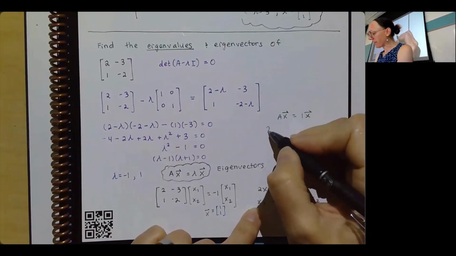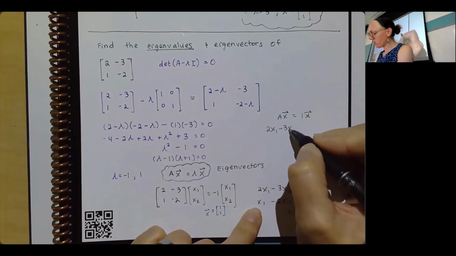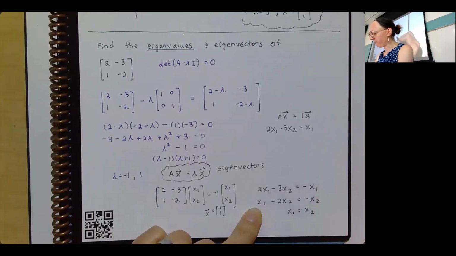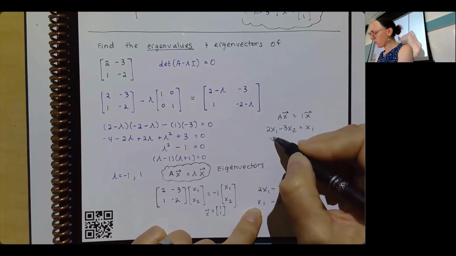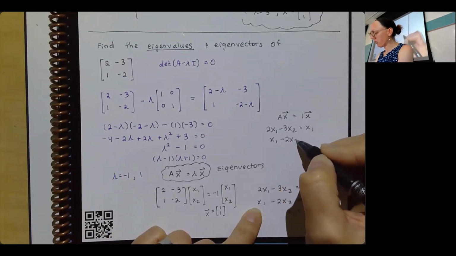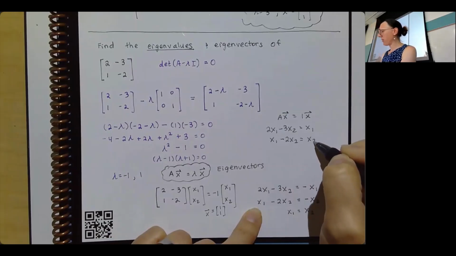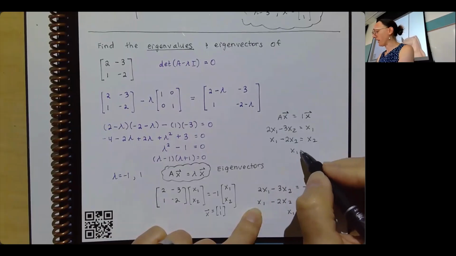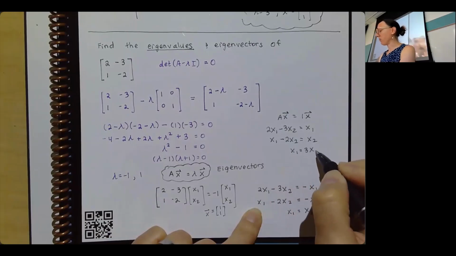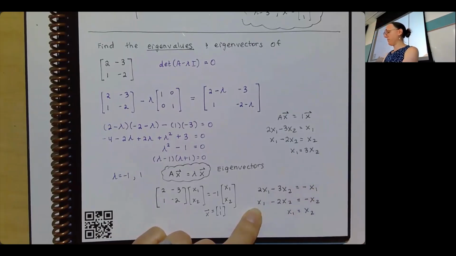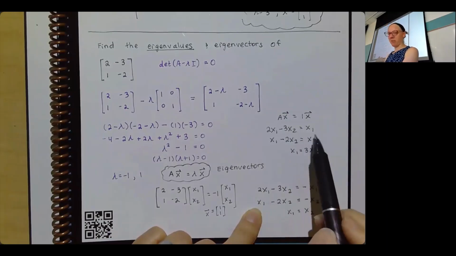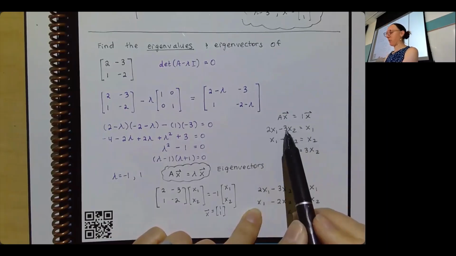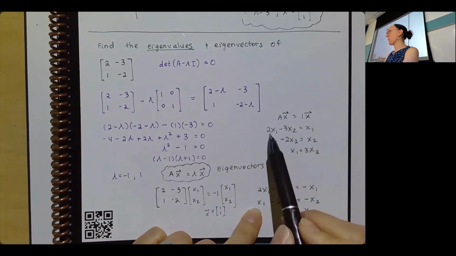So I would have 2x1 minus 3x2 is equal to x1, and x1 minus 2x2 is equal to x2. And if I take the bottom equation, that says x1 is equal to 3x2. I should be able to get the same thing on the top equation. I could add the 3x2. I could subtract the x1 over.